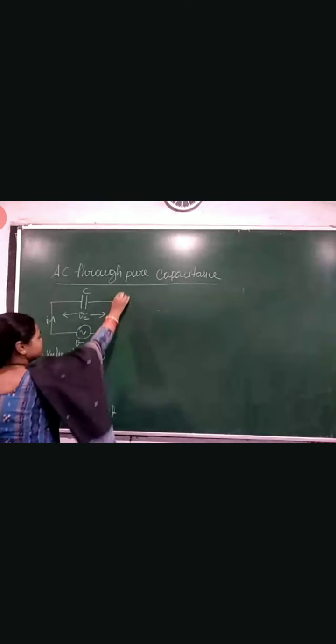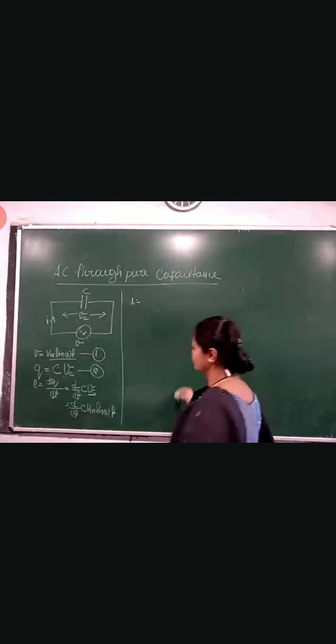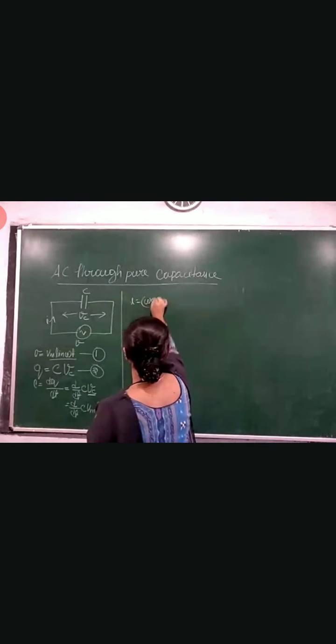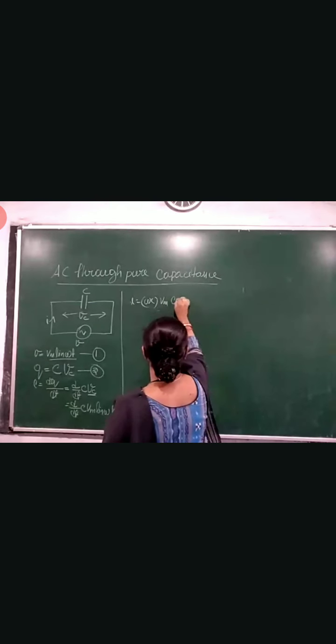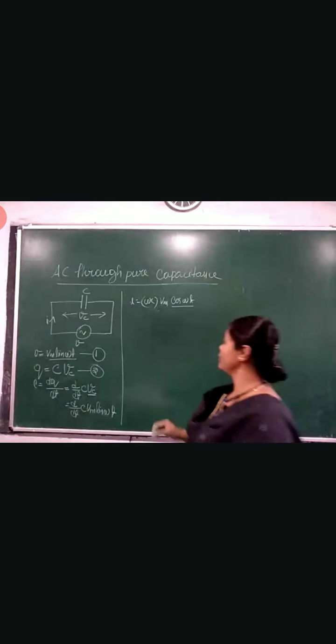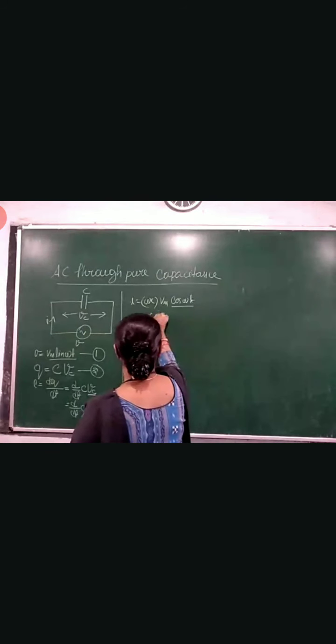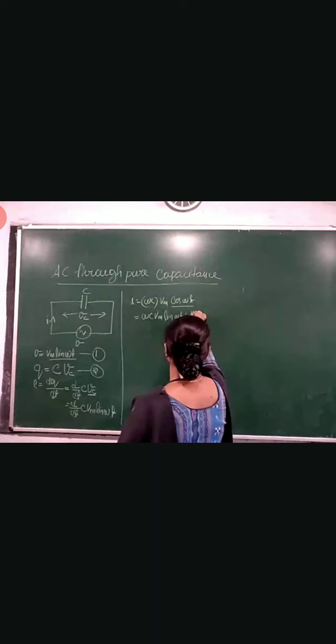Now the equation for current: you keep C Vm constant, which gives, after derivative, omega C Vm cos omega t. Derivative of sin omega t is cos omega t. Now, in place of cos omega t, you write sin of omega t plus 90 degree or pi by 2 radian. Take it as equation number 3.